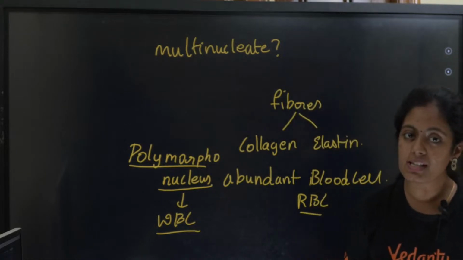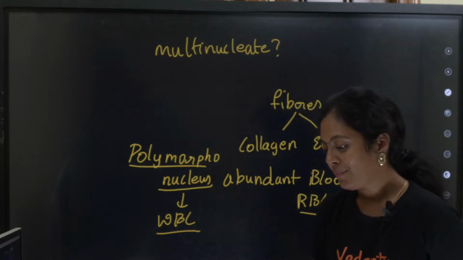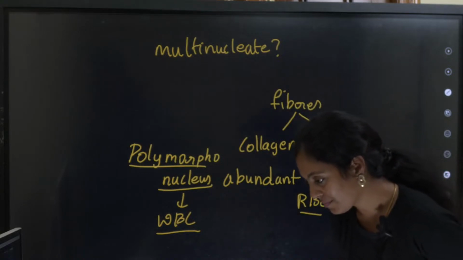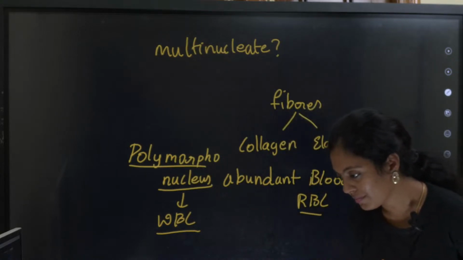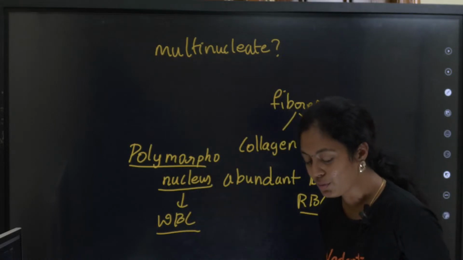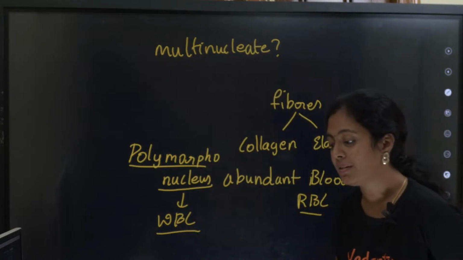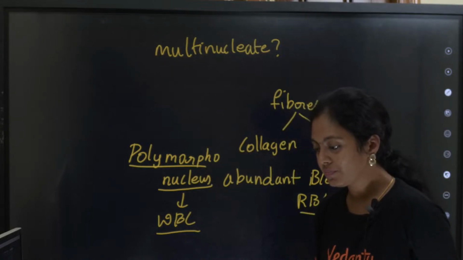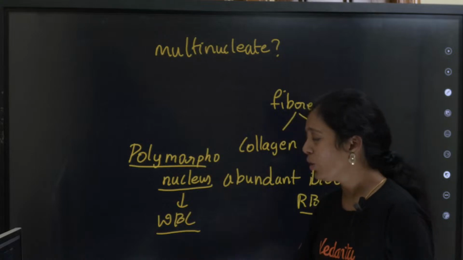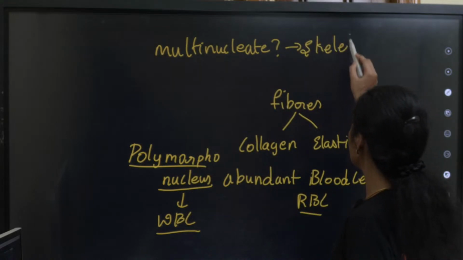Is it your smooth muscle, your skeletal muscle, or your cardiac muscle? WBCs, correct. Polymorphonuclear WBCs. Very good. Now I move to the next question. Very good. Superb. It is your skeletal muscle.